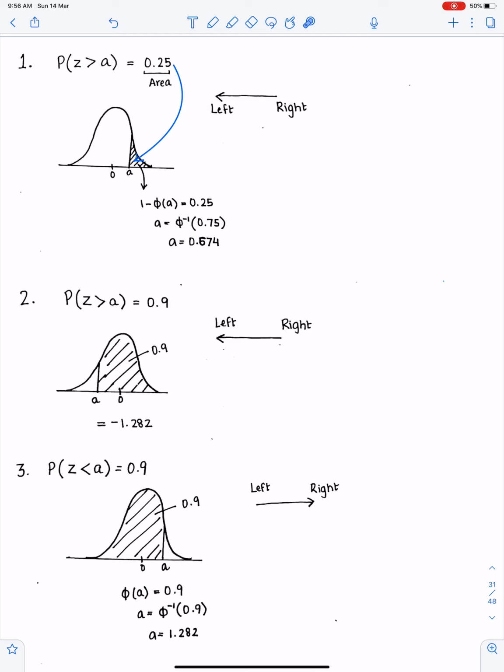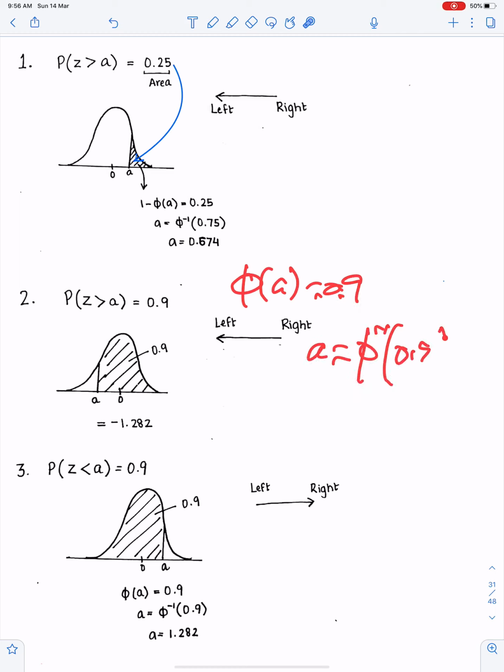Now this one, shade in this way, from upper tail towards the lower tail. So you need to write this as phi A is 0.9, and from your calculator, from your table, you can easily get the value of this, 1.282, and it's negative according to sketch.